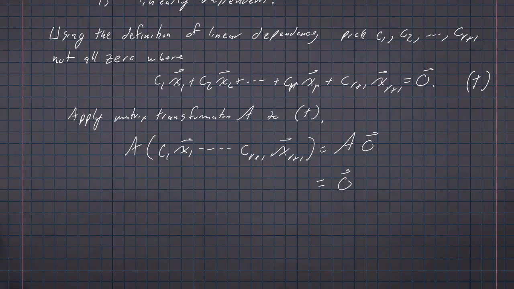On the left-hand side, we can distribute, so we get A times C1 x1, A times C2 x2, A times C3 x3, till we get to A times C r plus 1 x r plus 1.